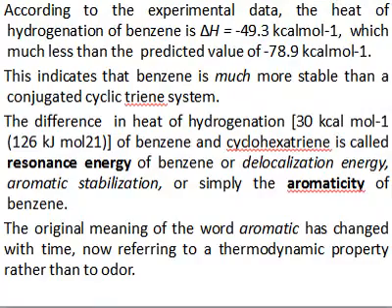According to this experimental data, the heat of hydrogenation of benzene is minus 49.3 kilocalories per mole, which is much less than the predicted value of minus 78.9 kilocalories per mole. This value indicates that benzene is much more stable than the conjugated cyclohexatriene system. So this energy difference between benzene and cyclohexatriene is known as resonance energy.